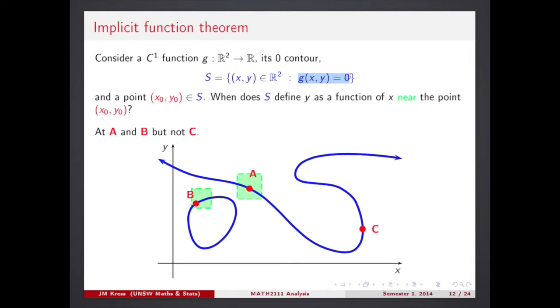So if I frame the same condition, geometrically discovered, that the curve should not be vertical, in terms of the gradient, I will say the gradient should not be horizontal, right? The curve being vertical means the gradient, which is perpendicular to the curve, is horizontal. But the gradient is the two partial derivatives, right? Being horizontal means the second partial derivative is 0. So not being horizontal, the second partial derivative is non-zero.